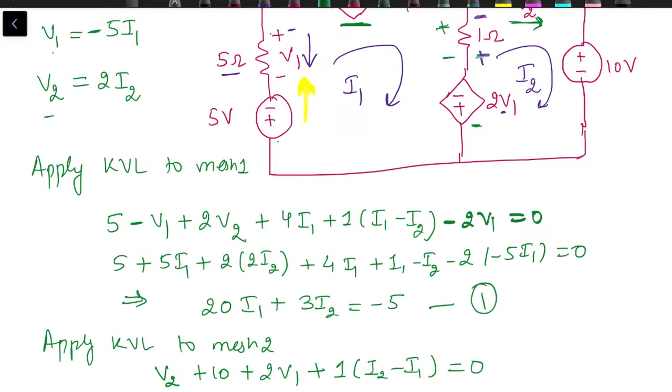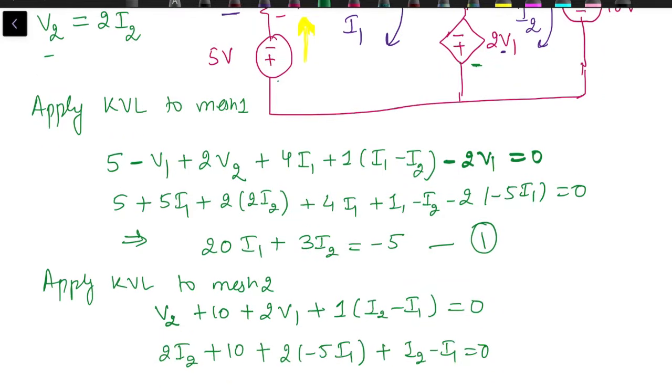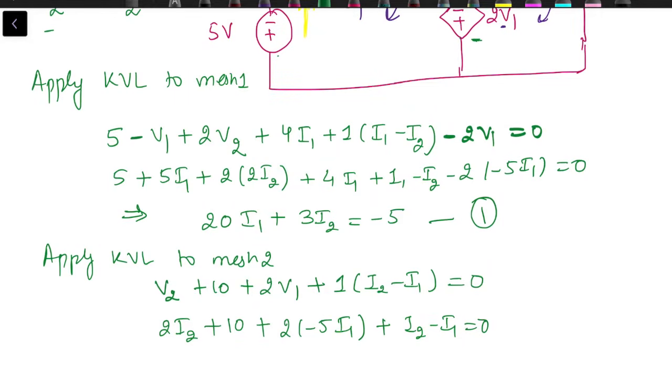Now let's substitute the value of V2 and V1 in this equation. V2 is 2I2 plus 10 plus 2 into minus 5I1 plus I2 minus I1 equal to 0. So this one is minus 11I1 plus 3I2 equal to minus 10, the second equation.